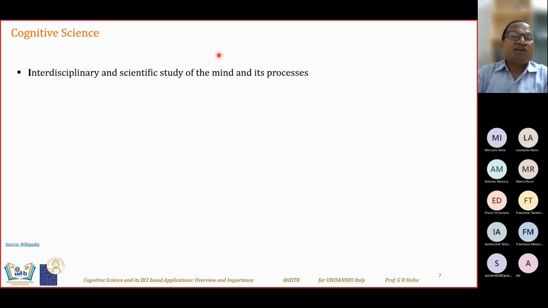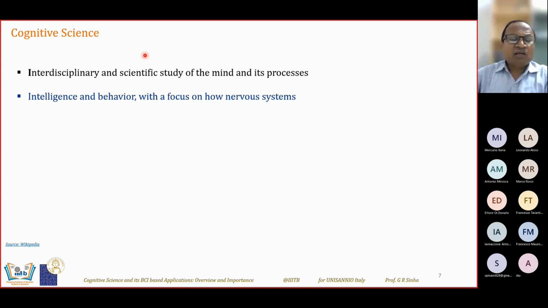My mind may be in your university, in Italy, Singapore, or UK, but my brain is always with me. So it's a scientific study of mind, and mind includes behavior, the behavioral dynamics, sentiment, emotions. All those are studied, and how they are processed, how they function. That kind of study is involved in cognitive science.